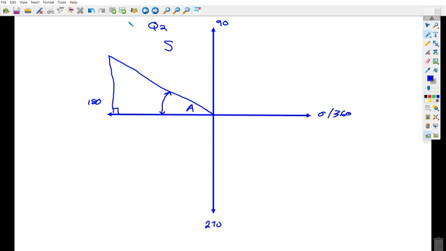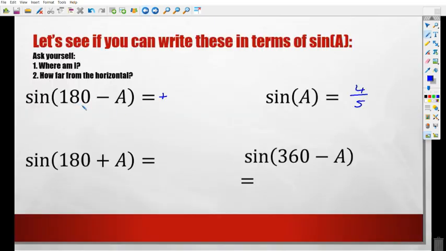I know it's A degrees. So instead of saying sine of 180 minus A, I can say sine of whatever angle was closest to my horizontal, A degrees. And now I know what sine of A is. They told me: sine of A is 4 over 5, and it's positive 4 over 5.